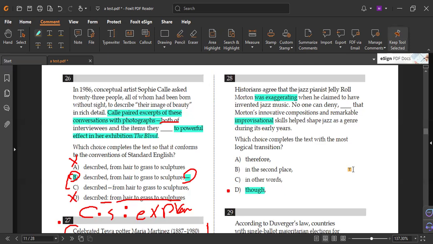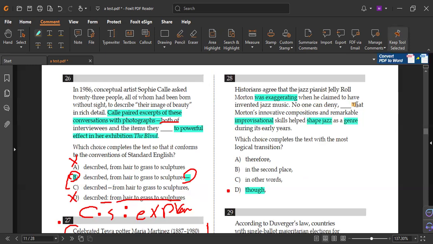But already here we have how he was exaggerating and how that exaggeration, that improvisation, helped shape jazz as a genre. Yes or no? That is opposite. So it is correct. That's why.